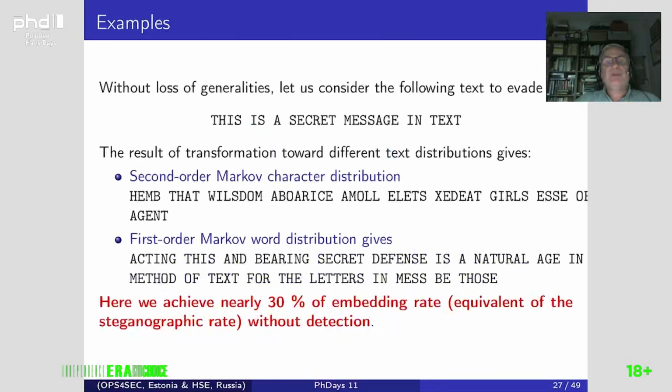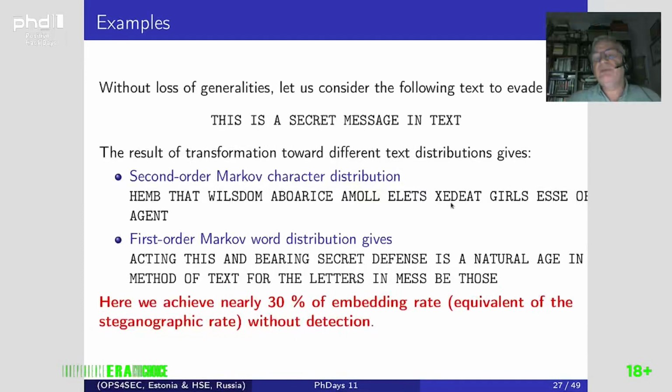Any book of information theory will give you the basics, the introduction to what a joint entropy profile is. So let us consider examples. It is very lame, but it is just so you can understand easily. Just imagine I want to embed this secret message. Of course, we would first encrypt it, but it is just for illustration. The result of transformation towards a second order Markov distribution gives you this text.